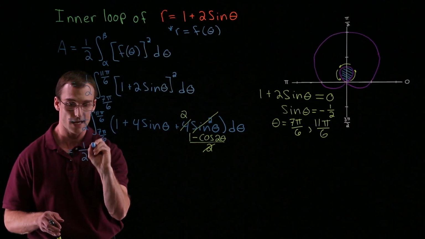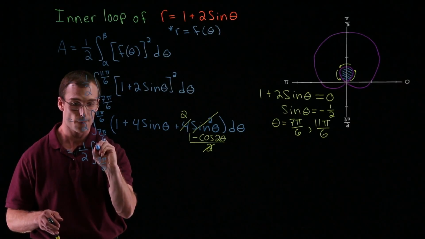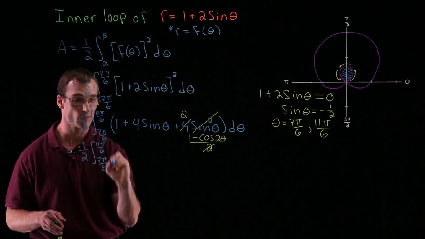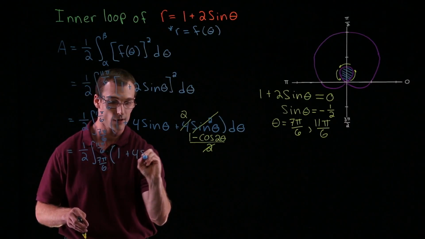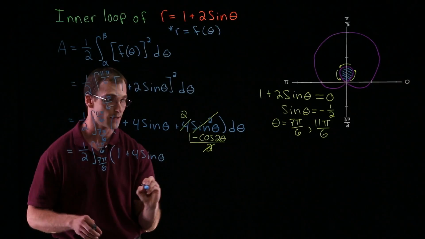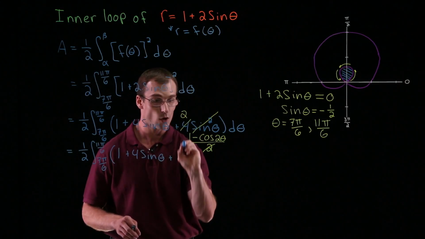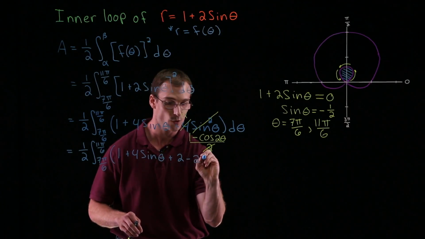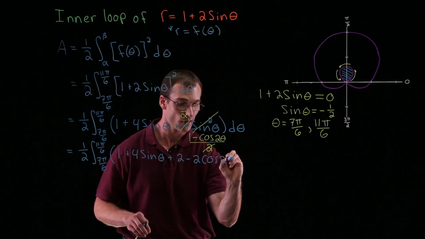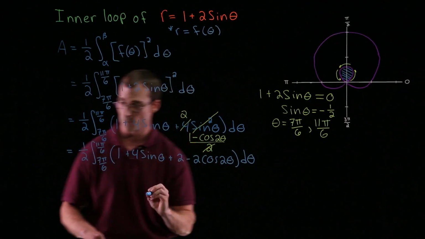So we again have 1/2 times the integral from 7 pi over 6 to 11 pi over 6 of 1 plus 4 sine theta plus, again, 2 times this quantity, 1 minus cosine 2 theta, so it'll be plus 2 minus 2 cosine of 2 theta and d theta.